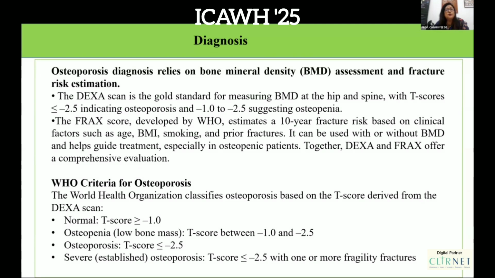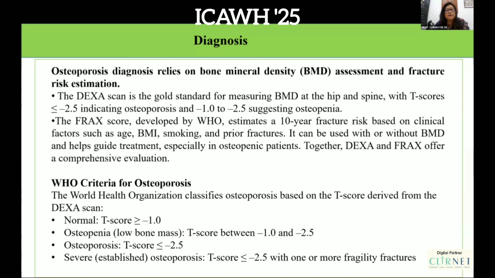So diagnosis: osteoporosis diagnosis relies on bone mineral density assessment and fracture risk estimation. Here, there are several tests. The DEXA scan is the gold standard for measuring bone mineral density at the hip and spine, with a T score less than or equal to minus 2.5 indicating osteoporosis and minus 1.0 to minus 2.5 suggesting osteopenia.